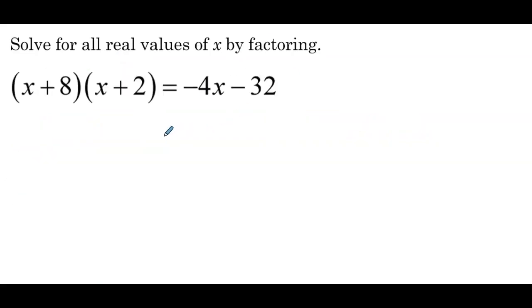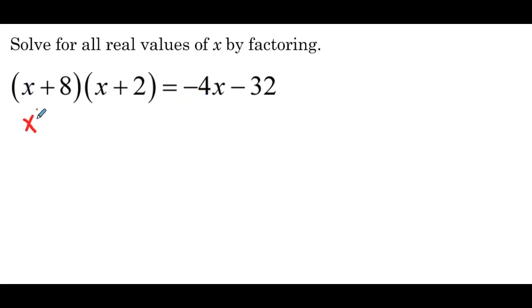All right, this one looks like it's going to be a little bit of work. So we have x plus 8 times x plus 2 equals negative 4x minus 32. So the first thing we've got to do is distribute the left-hand side of our equation. Even though it's in factored form, and that should be really convenient for us, it's not equal to 0. So that's not really advantageous.